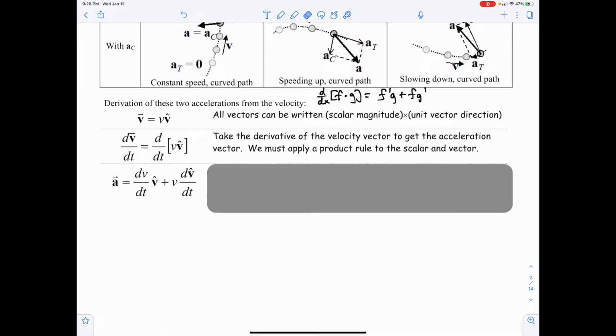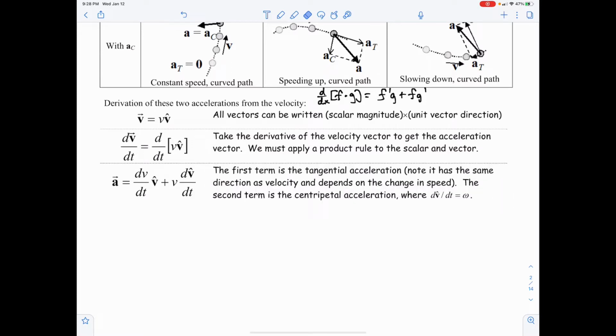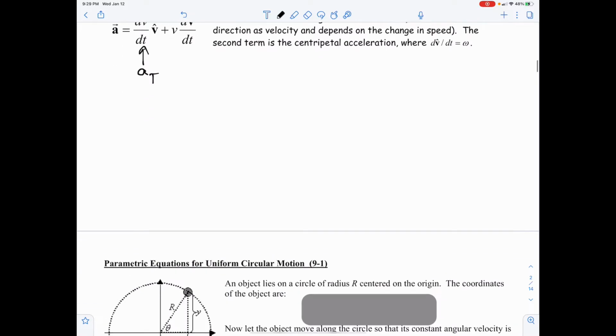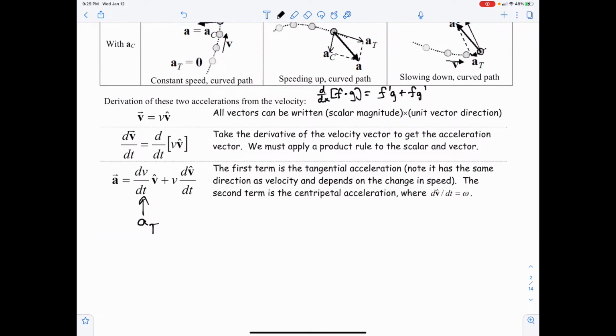In which case, by using the product rule, we can see that the total acceleration vector becomes the following. Here you've got the derivative of the velocity magnitude, which is the acceleration in the direction of velocity. So this part here would be the tangential acceleration. Now this part here, it's a little trickier to see, but this is actually the centripetal acceleration.